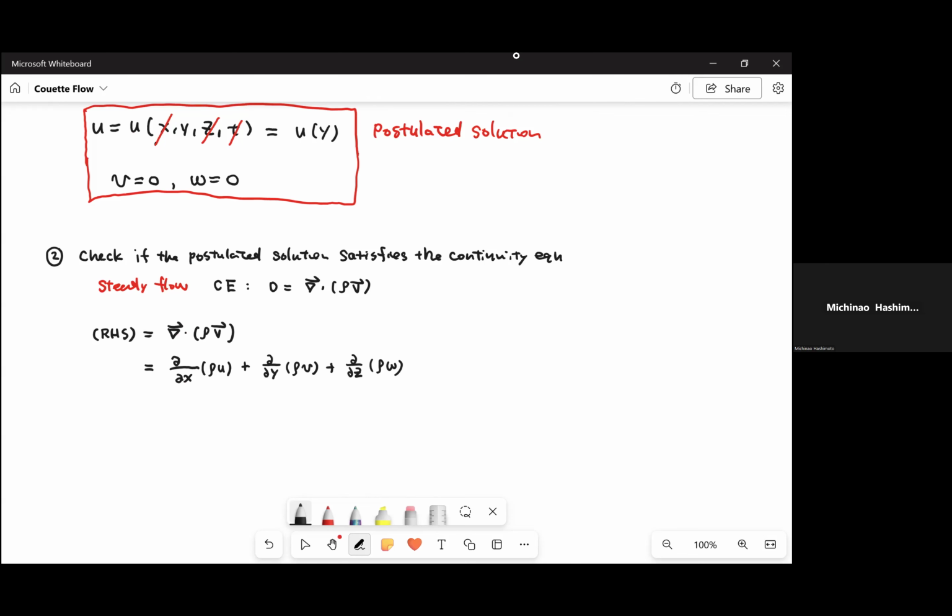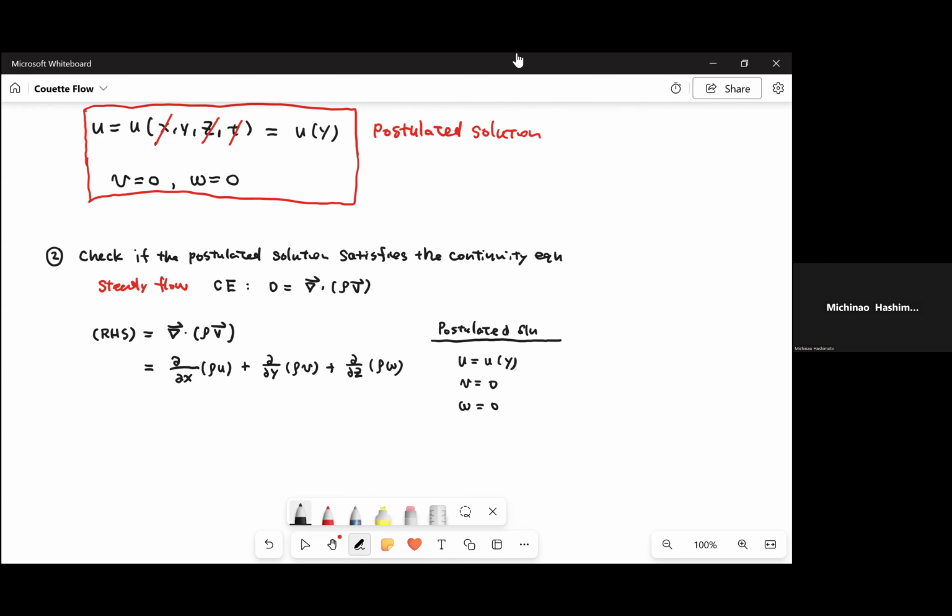And we have the postulated solution, let me write it here once again: u equals u of y, v equals 0, and w equals 0. Let's plug them in.